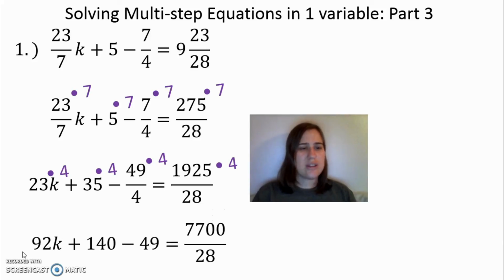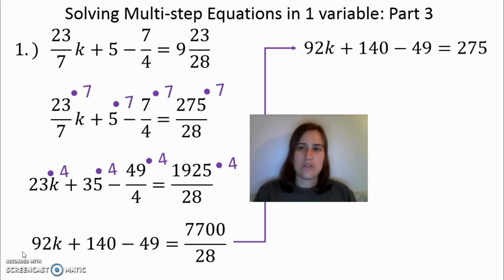So this is what we get. 23 times 4 is 92. 35 times 4 is 140. The 4's canceled, leaving us 49. And 1,925 times 4 equals 7,700 over 28. So I got rid of all of the fractions now.